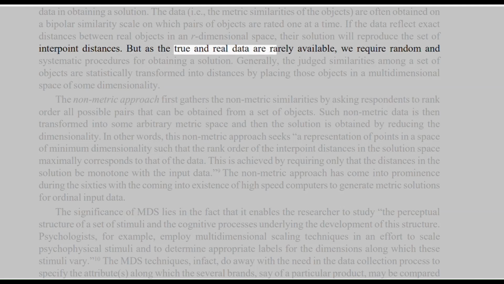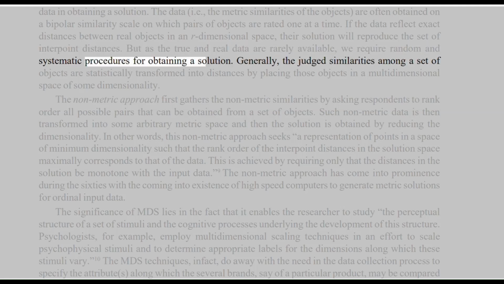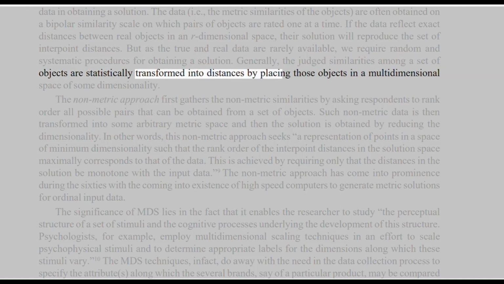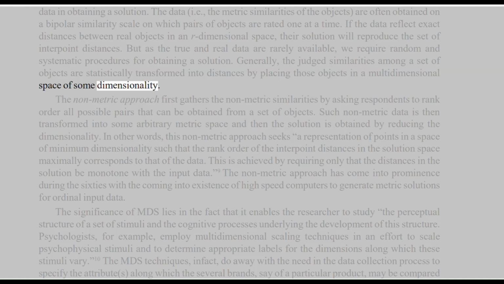But as the true and real data are rarely available, we require random and systematic procedures for obtaining a solution. Generally, the judged similarities among a set of objects are statistically transformed into distances by placing those objects in a multidimensional space of some dimensionality.